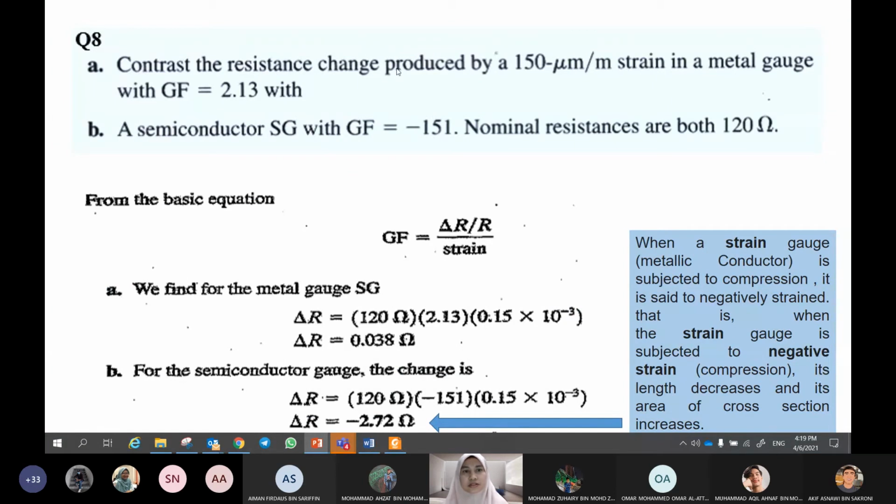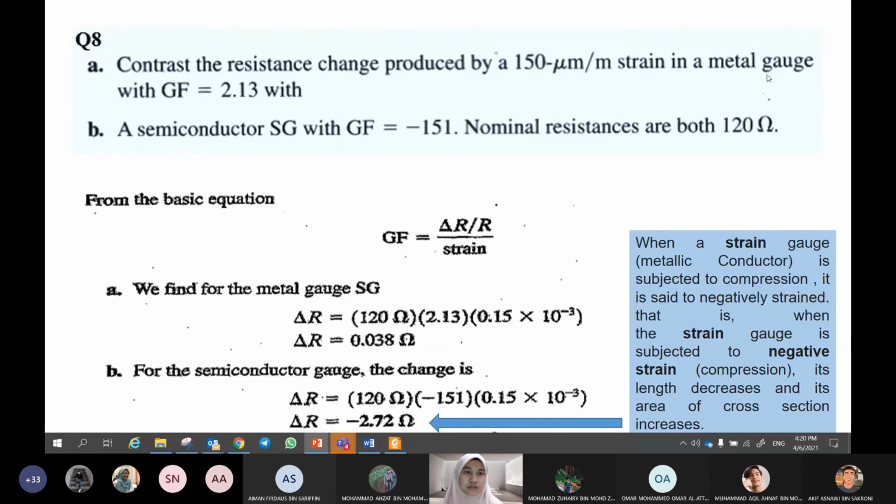Compare the resistance change produced by 150 micrometer per meter strain, because del L divided by L, so this is strain, in a metal gauge with gauge factor equal to 2.13, with a semiconductor.